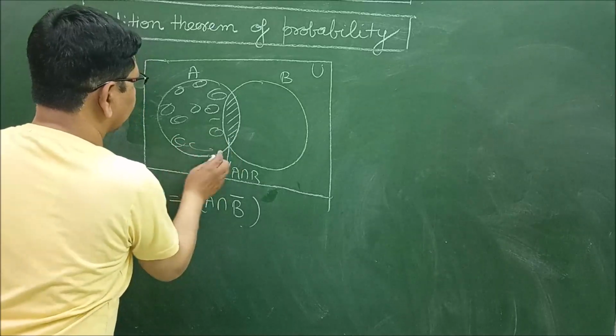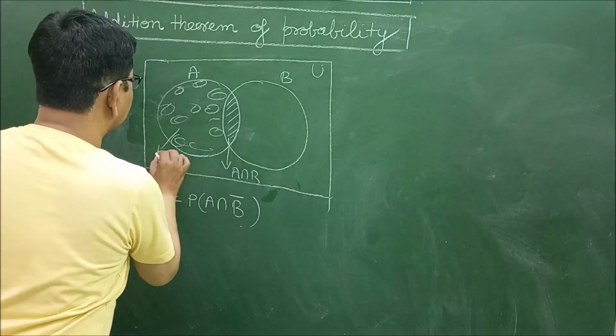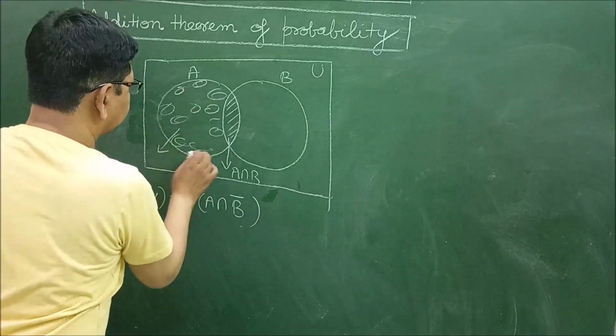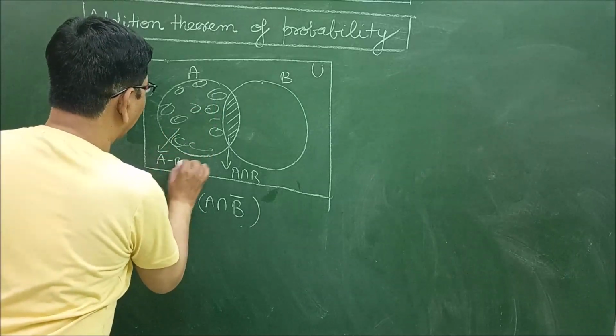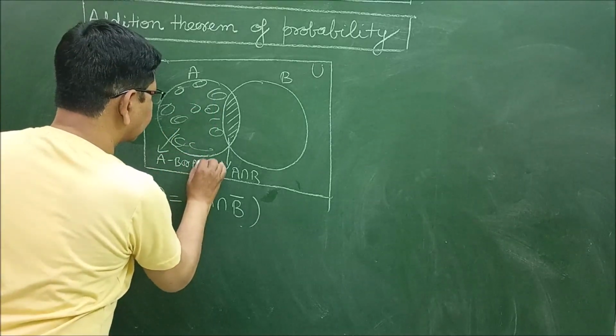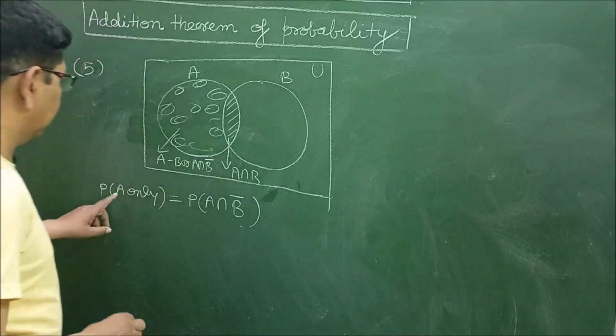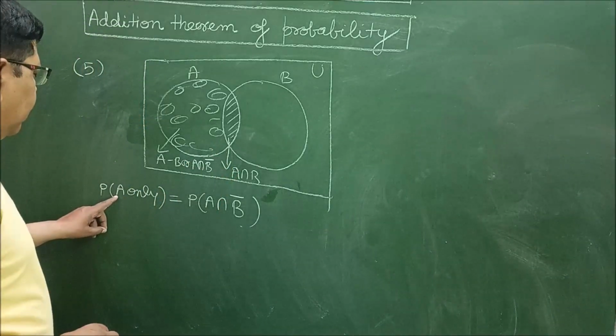This region represents A minus B. This bubbled region represents A minus B or A intersection B complement. That is, only A happens here.